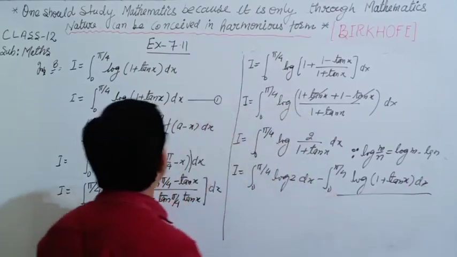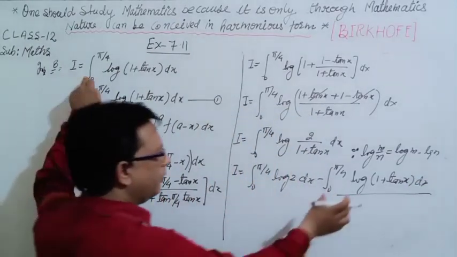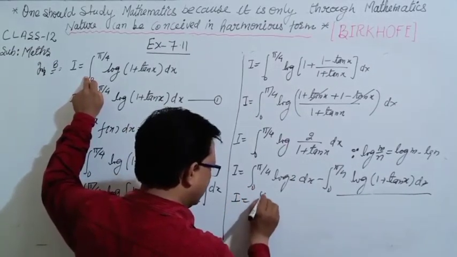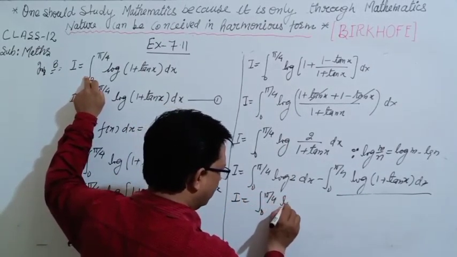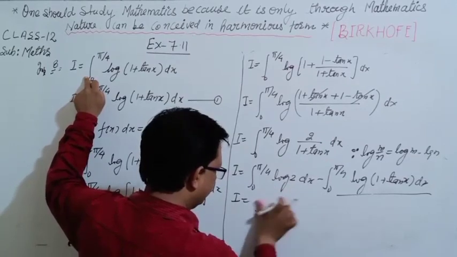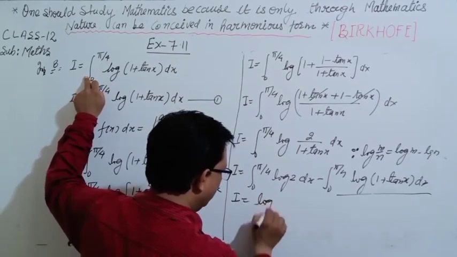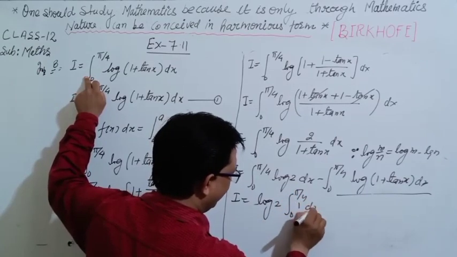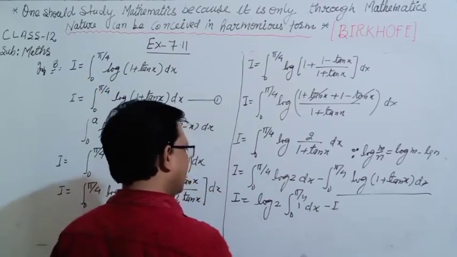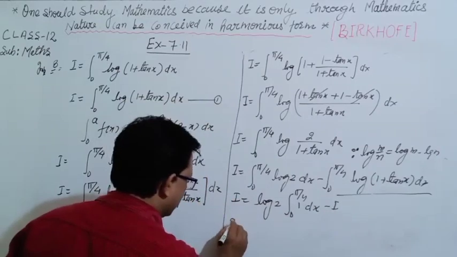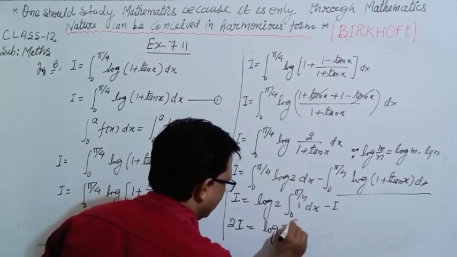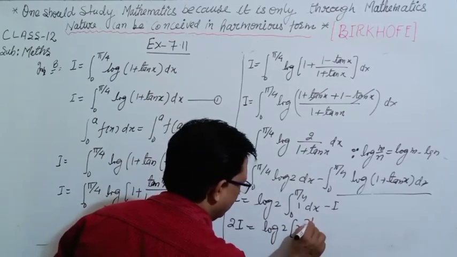And this becomes I. So here we write I, taking log 2 outside: log 2 times integral 0 to pi by 4 of 1 dx, minus I. Taking I on the RHS, 2I is equal to log 2 times x from 0 to pi by 4.